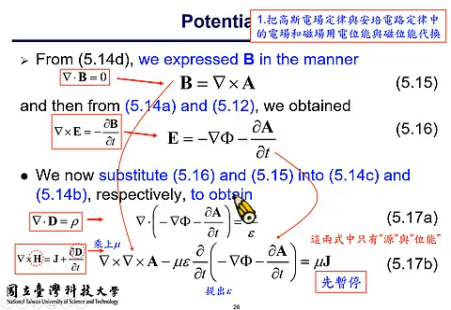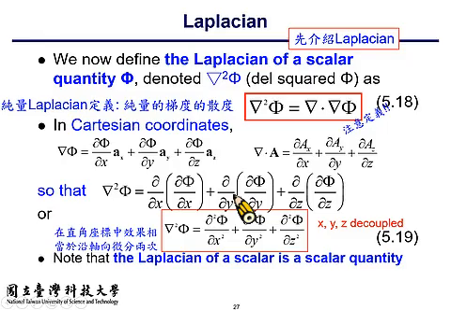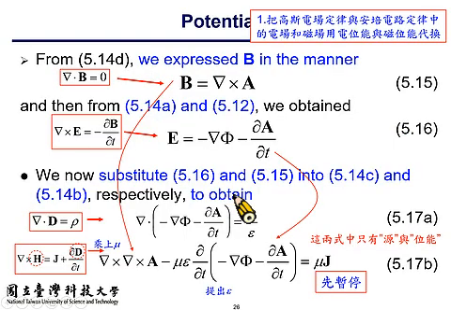Alright, now we have two equations. It looks a little bit messy. So what is the significance of these two equations? What is the importance of the two equations? Well, before we proceed with the two equations, we need to pause a little bit and introduce another mathematical tool.